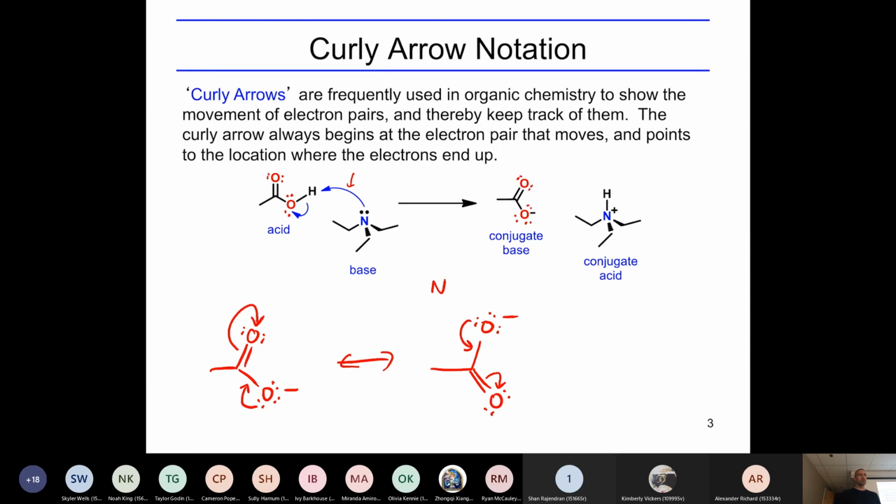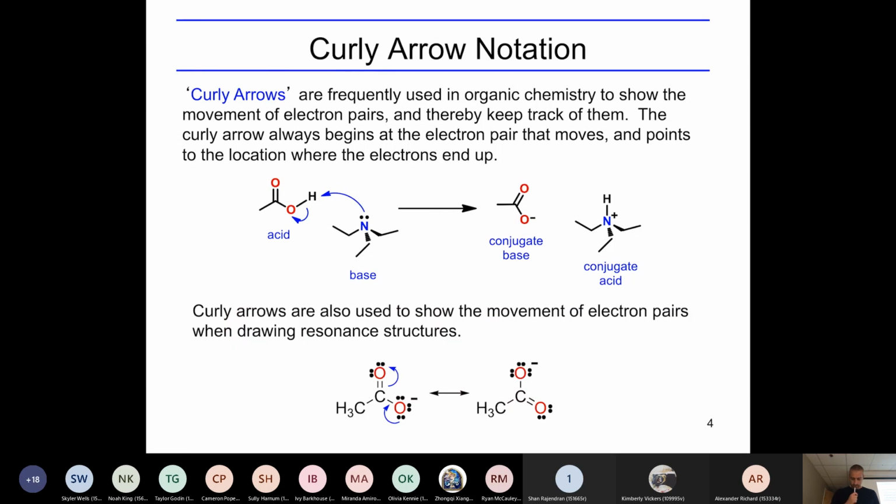So in this reaction, we're showing how the electrons moved using these curved arrows. We use these a lot in acid-base reactions, and we're going to use them all the time when we get into more complex reactions later on. So we use them for resonance structures, and we use them for reactions like acid-base.